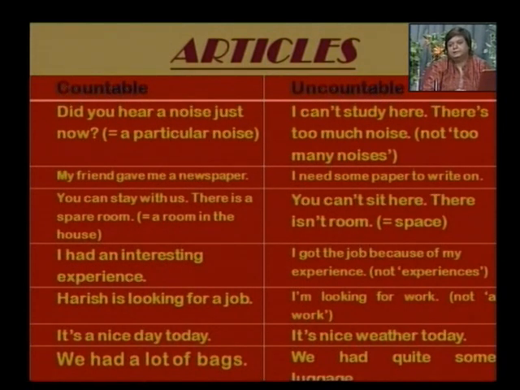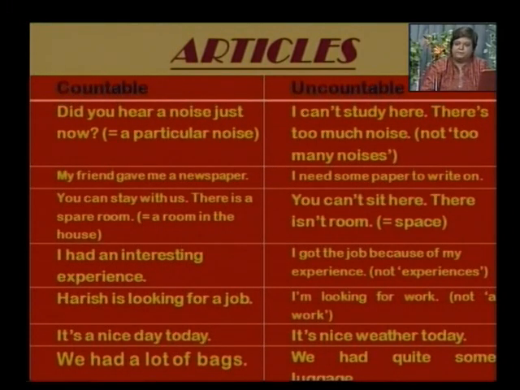I need some paper to write on. I need some paper. મને થોડા, આપણે નથી કહેતા કાગળિયા આપી દો ને મારે લખવું છે. So this is some paper. In the left hand column newspaper we are asking for one specific particular newspaper, છાપું. Whereas in the right hand column paper means કાગળિયા.